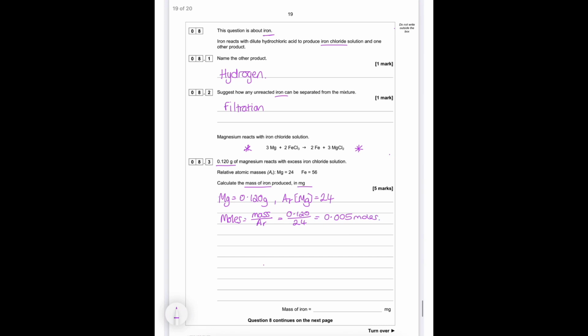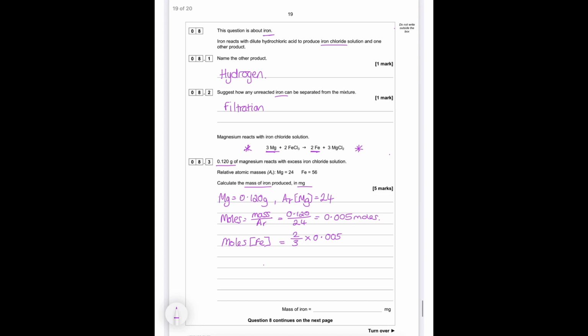Now, when we look at the ratio of iron compared to magnesium, 3 moles of magnesium will produce 2 moles of iron. So, to work out how many moles of iron would be produced from 0.005 moles of magnesium, it would be 2/3 of the 0.005.